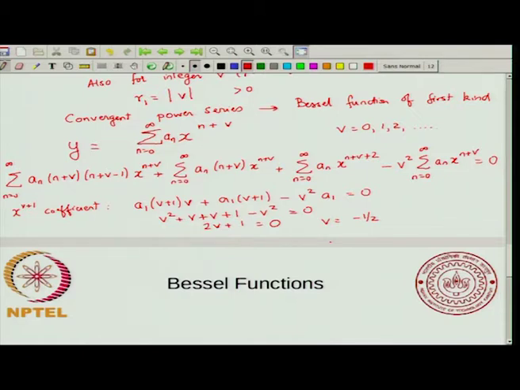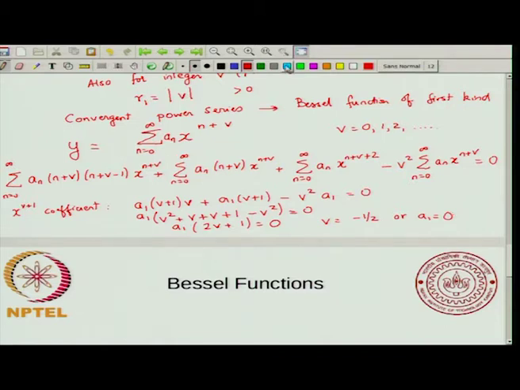Looking at the terms, either v equals minus half, or a1 equals 0. Those are the two possibilities. Now, v equal to minus half is not the solution of interest. So basically you get a1 equal to 0.